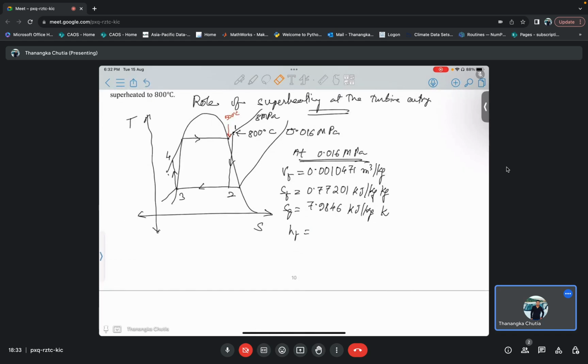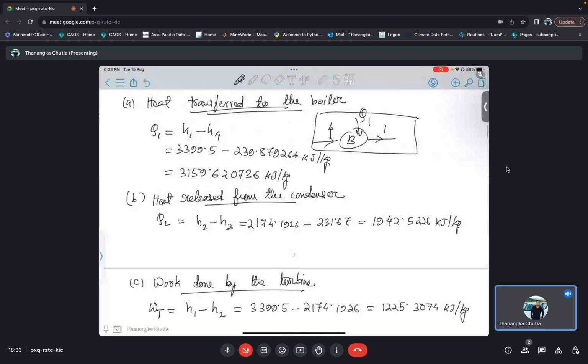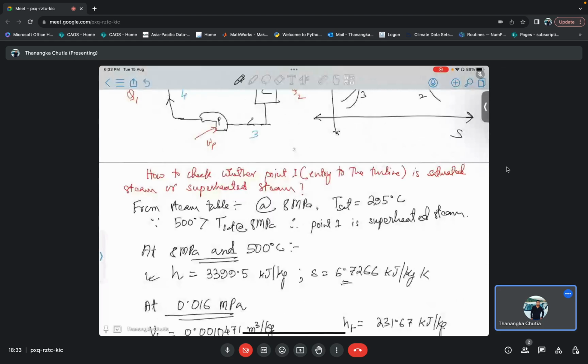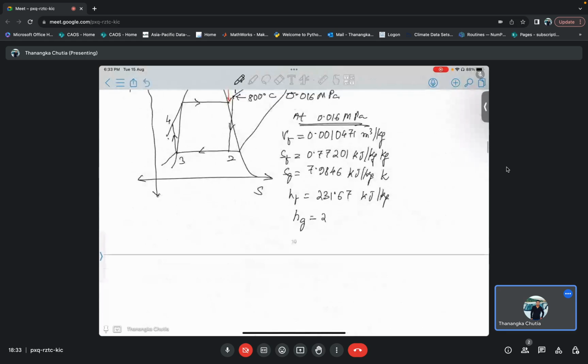Hf is 231.67 kilojoule per kg, and Hg is 2600.6 kilojoule per kg.